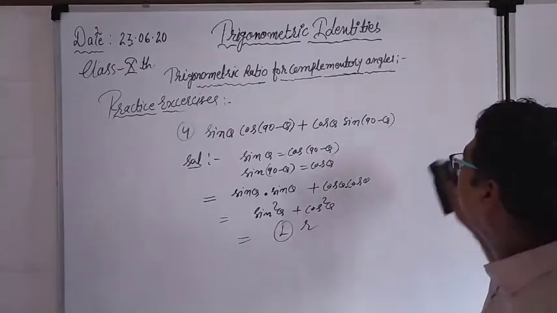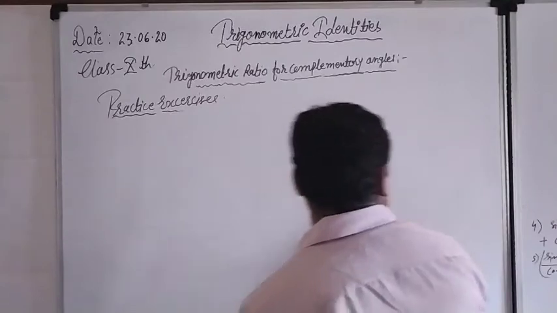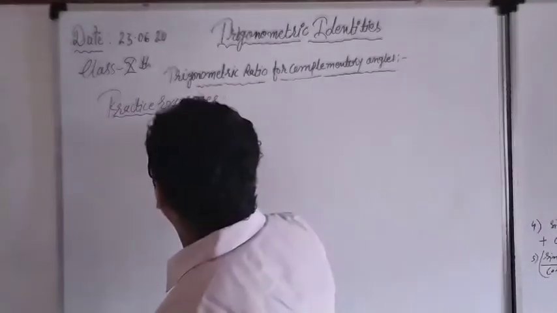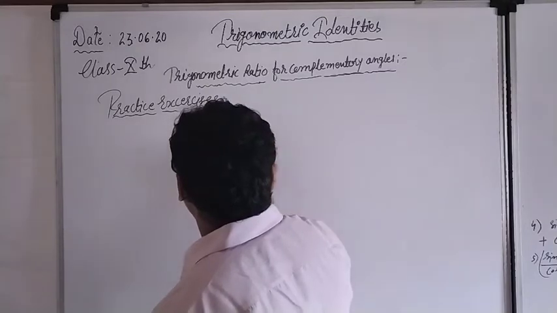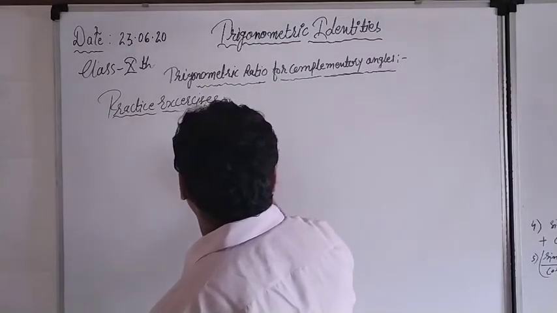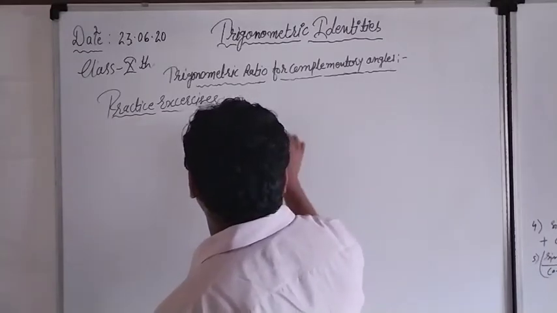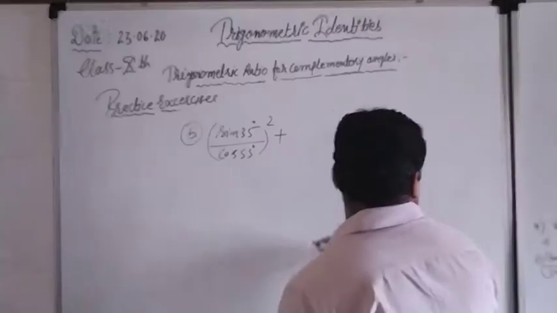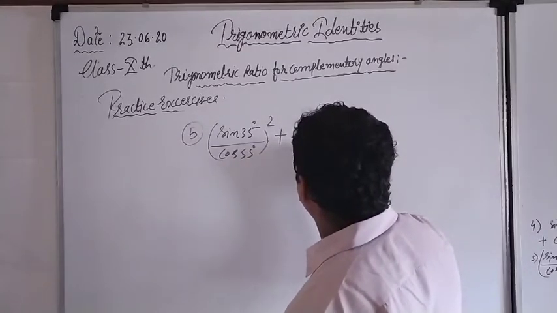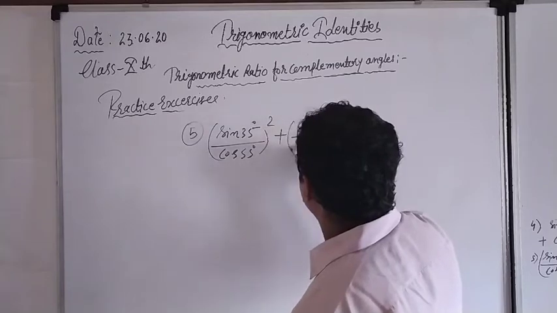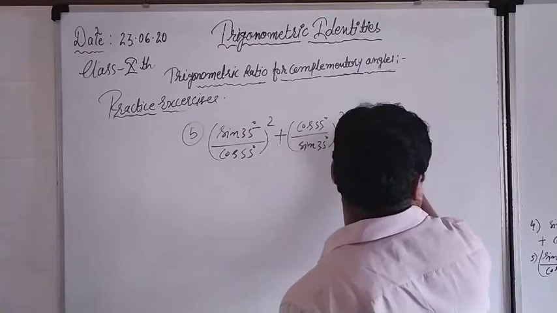Now come to solve the next question. Question number 5. Look here: (sine 35 degrees upon cos 55 degrees) whole square, plus (cos 55 degrees upon sine 35 degrees) whole square, minus 2 cos 60.